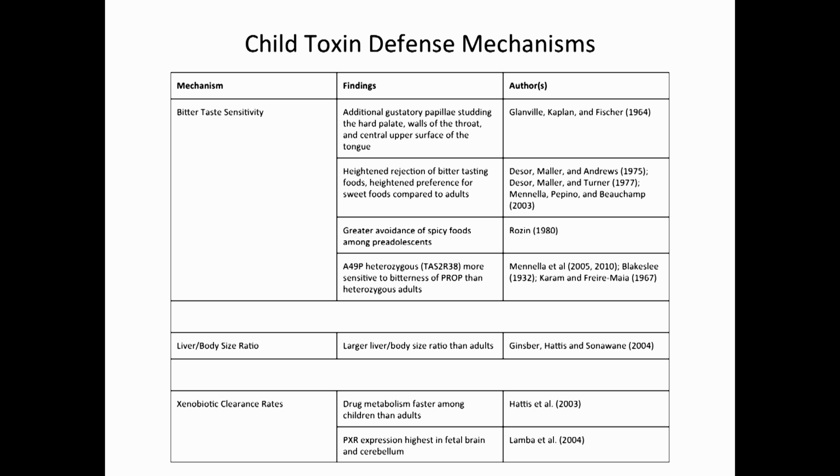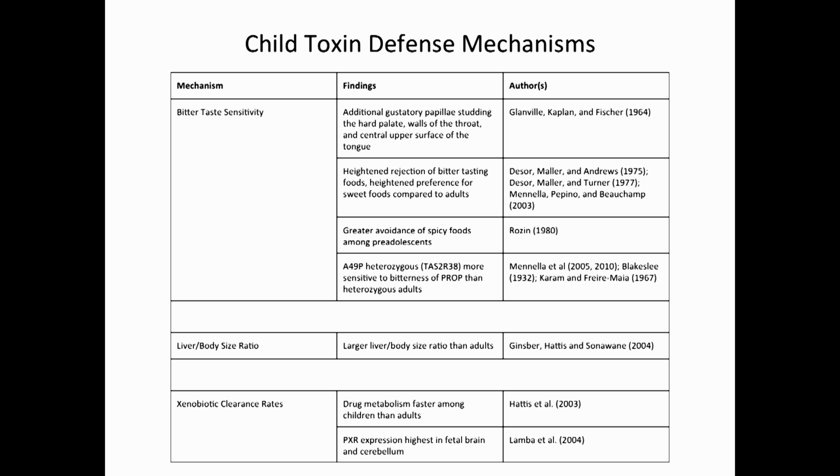It turns out that children and females are a little bit better at sensing and clearing toxins as well. So it's not just that we have potentially behavioral aversions to these, which I'll get at in a second, but we have physiological mechanisms that are better at detecting and getting rid of these among those cohorts of the population that are most sensitive. So this shows child toxin defense mechanisms.